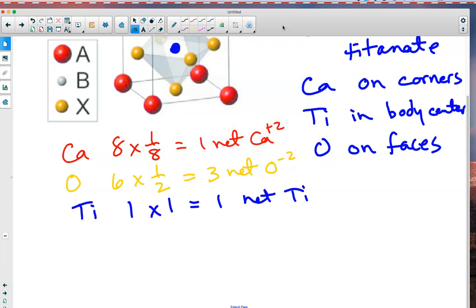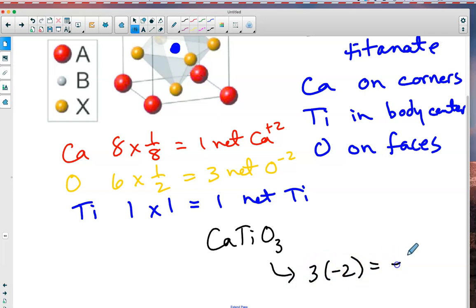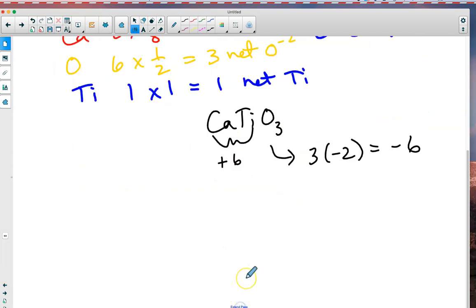So we're going to use the resulting formula we just figured out to figure out the charge on the titanium. So we have 1 calcium, 1 titanium, and 3 oxygens, so that would be my formula. From the oxygens, I know that I have 3 oxygens, each at a -2, so that gives me a total of -6 from the anions. So my cations have to give me a +6 to balance that, because it's a neutral compound.